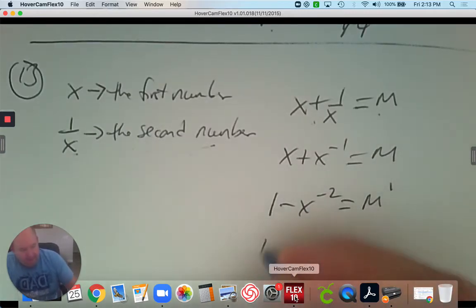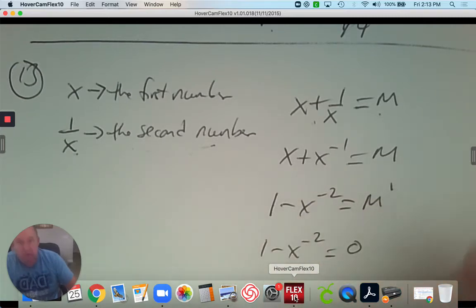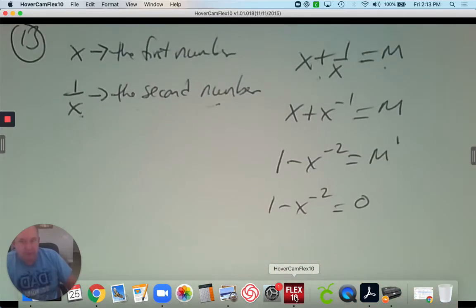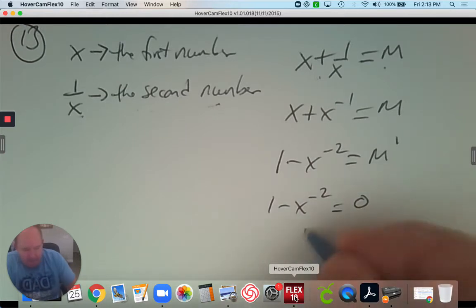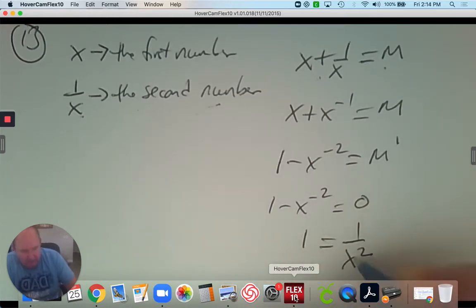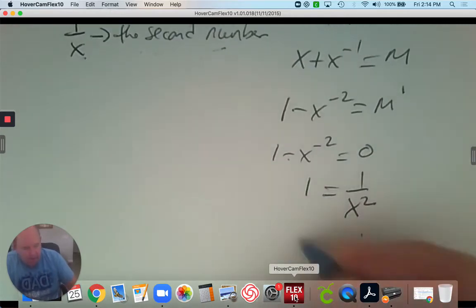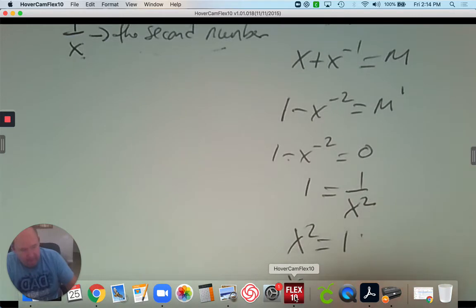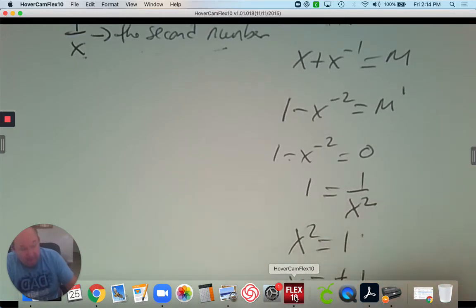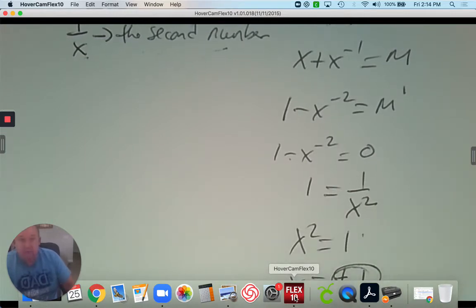Then I'm going to make that derivative equal to 0, see if I can find a max or minimum that way. Now x to the -2 means 1 over x squared. I'm going to add that to the other side. Then I'm going to multiply and take the square root, and I get positive and -1. But the question says that they're positive numbers, so I don't want the negative, so just positive 1.